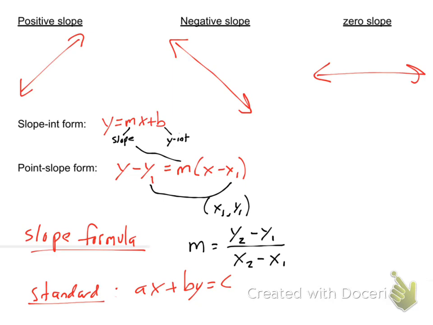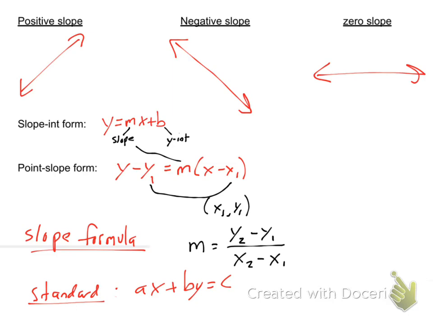Now, would it be wrong if you said y1 minus y2 over x1 minus x2? No. It doesn't matter, because the order of the points doesn't matter as long as you recognize that I've got x1, y1 above and below each other, and you also have x2, y2 above each other. Any questions on that?